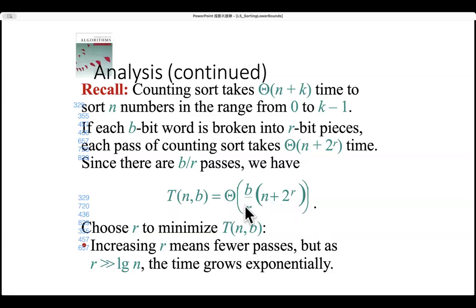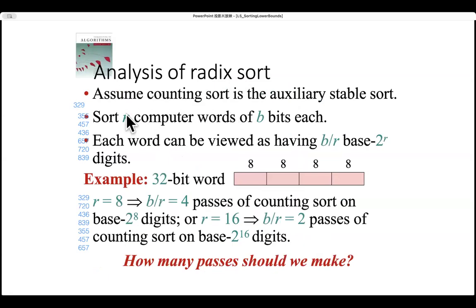In here, R is the variable that we can select ourselves, and B and N are given. We sort n computer words of B bits each, so N and B are given by the question.